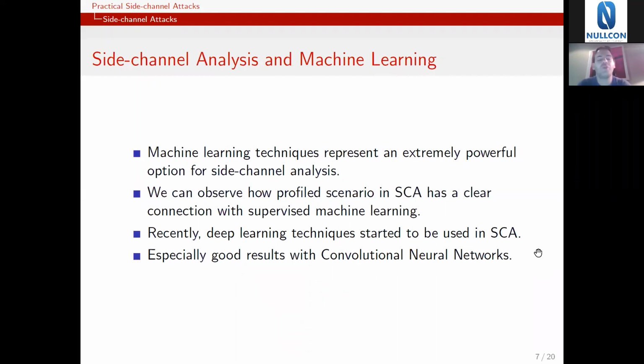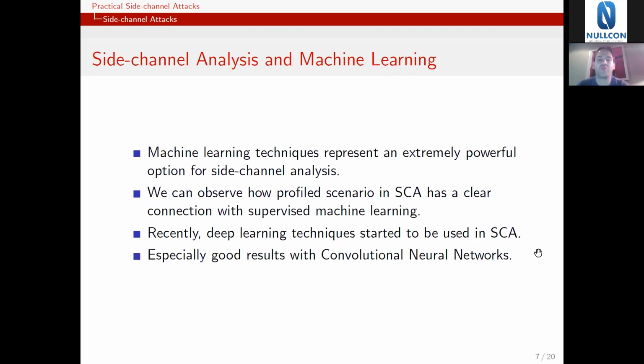How do we connect side channel analysis with machine learning? Machine learning techniques represent a really powerful option if you want to do side channel analysis, because there is a clear connection between profiled attacks, the attacks according to the scheme I just talked about, and supervised machine learning.